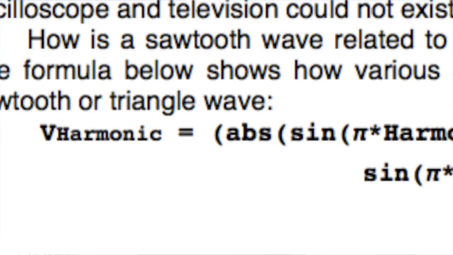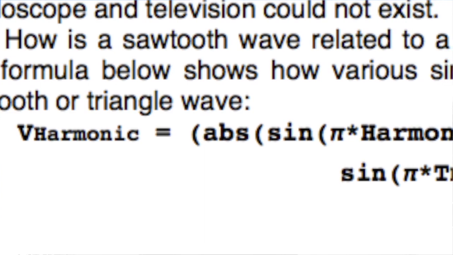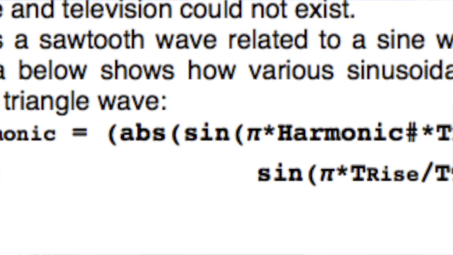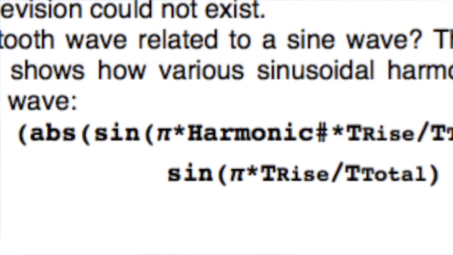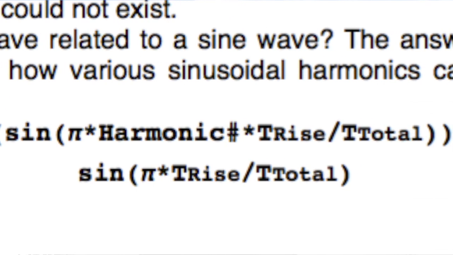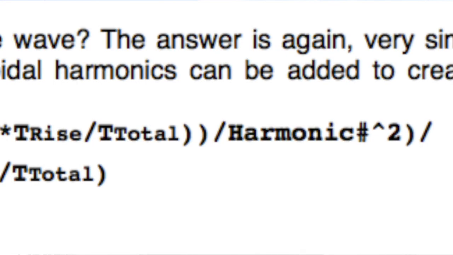The formula for a triangle wave is: V harmonic equals the absolute value, which David Hill Wilson forgot about, of the sine of pi times the harmonic number times T rise over T total. This is 50% rise over 100% total, divided by the harmonic number squared.